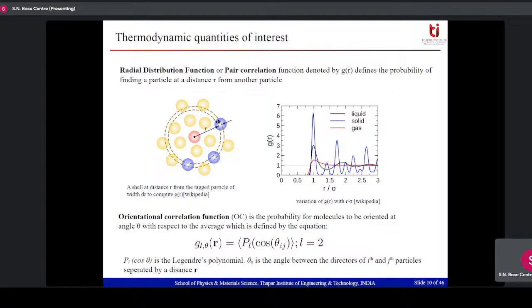So we use basically 3 different order parameters. The first one is the radial distribution function. The second one is called the orientational correlation function, which is related to the orientation of the liquid crystalline particles, whether they are all oriented in the same direction or they are randomly oriented.